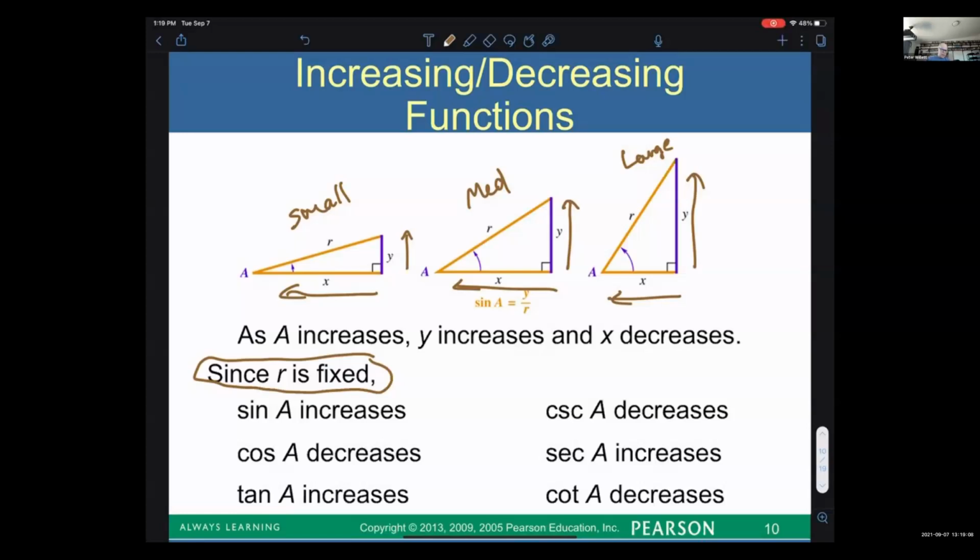And this tells us something about how the functions will be behaving, sine, cosine, etc., by seeing what goes on to the values that make up the function. So for example, sine is the Y value over the R value. And if the R value is not changing, as the angle gets bigger, the Y value gets bigger, therefore the sine is going to be increasing.